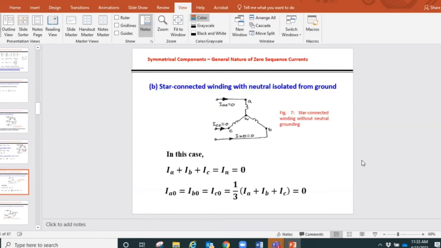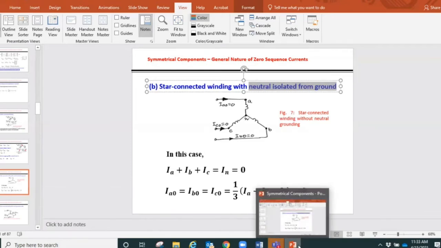Now from delta, we want to see what happens if we have a star connection, not delta. For star connection, we have a number of combinations. The first one is a star connected winding with the neutral isolated from the ground, meaning the neutral of the star point.